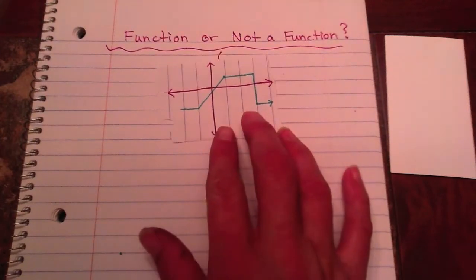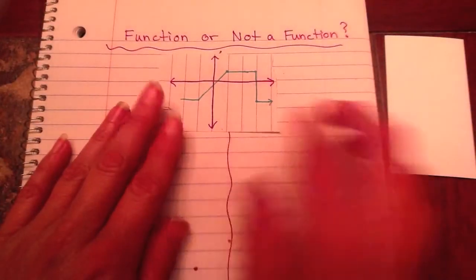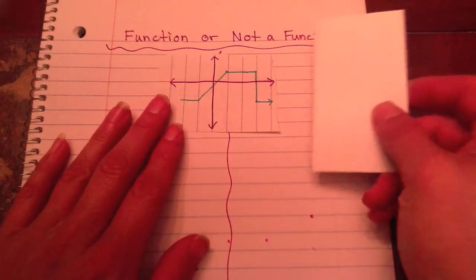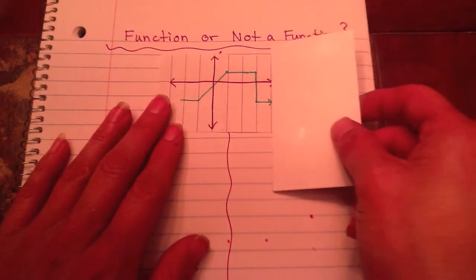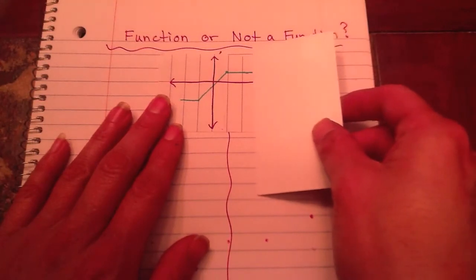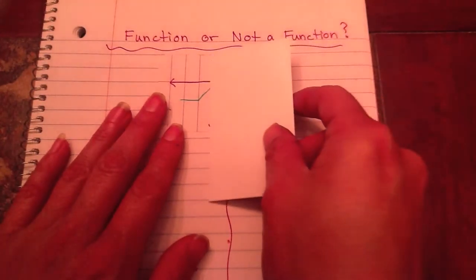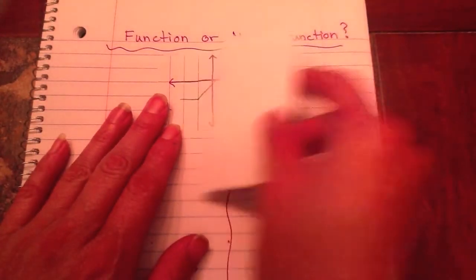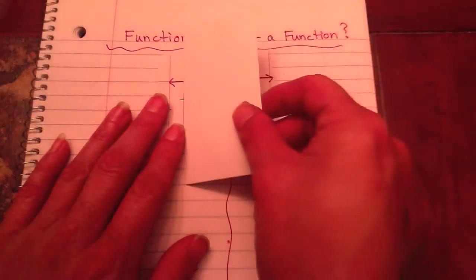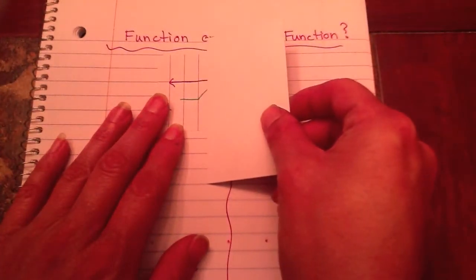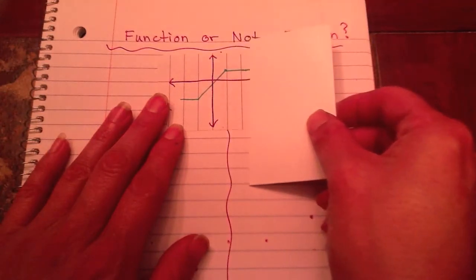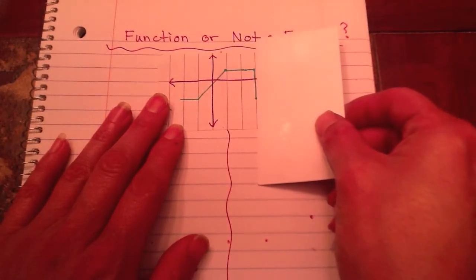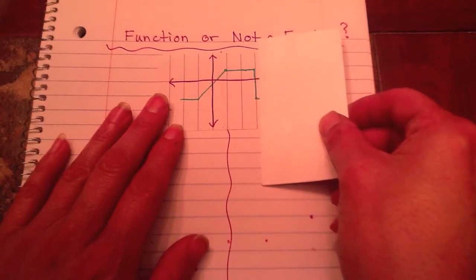And your picture doesn't have to be exactly the same, but get the part that you decide makes it either a function or not, and make sure that part's right. So if I took that, do I ever cross twice? Notice here I never cross twice, so at this point it's still a function. Even a function there, because I'm not crossing twice, that's where it's no longer a function.